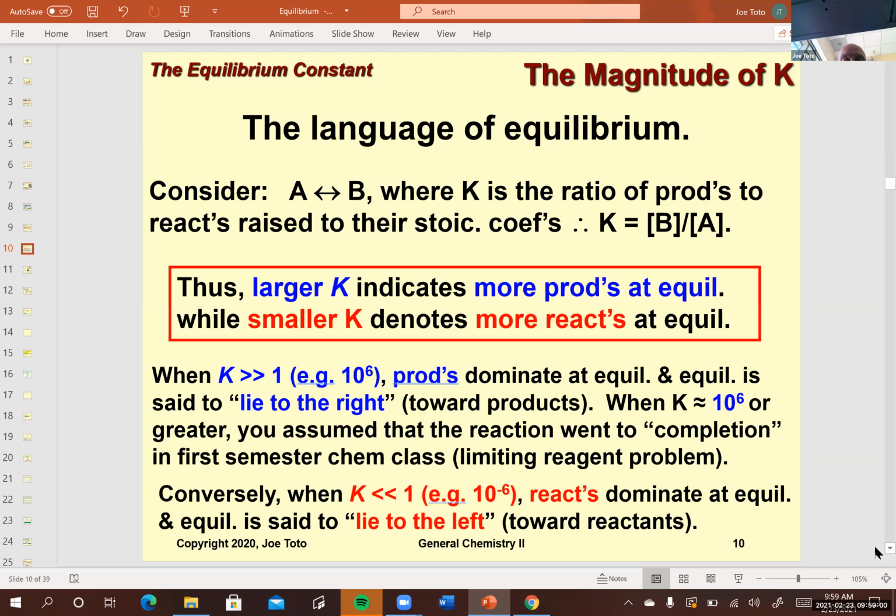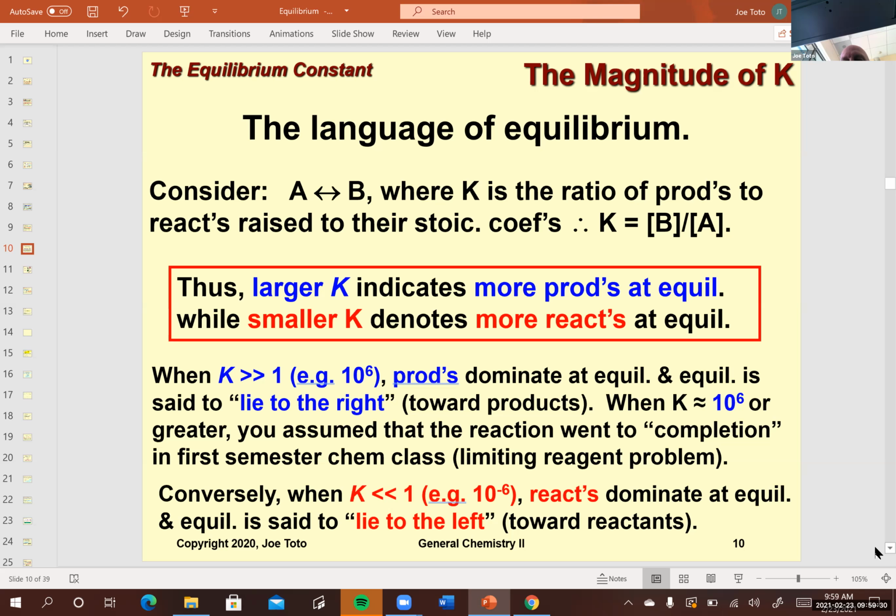We wanted to talk about some of the terminology that's often used when studying the concept of equilibrium. The magnitude of K gives you insight into the composition of the mixture at equilibrium that you might expect for any reaction. So one thing you can study about a reaction is its equilibrium constant.